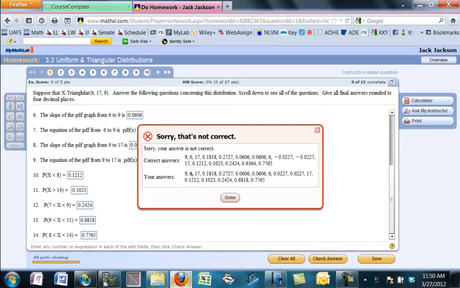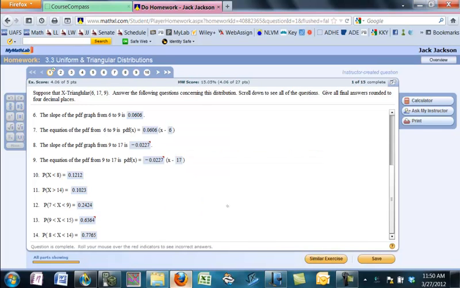Oh, looks like I left out a negative sign on the slopes. Yeah, of course those are negatives. I just didn't type in the negative there. I should have. The slopes are always negative on that part that's coming down. Everything else is fine. Alright, there we go. And that gives you an example of a triangular distribution.